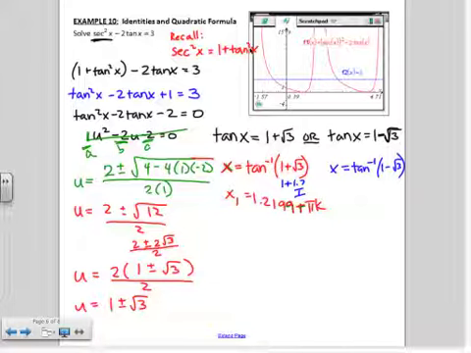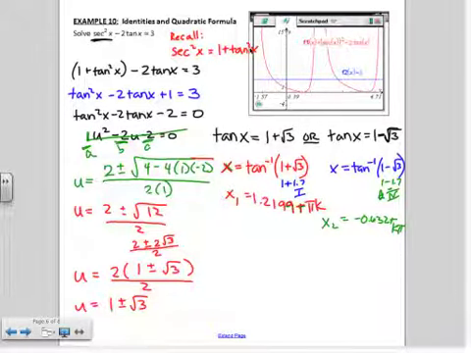And notice, this is 1 minus 1.7, so this is negative, so it's going to be quadrant 4. Okay, so this is x2 equals negative 0.632 plus pi k.